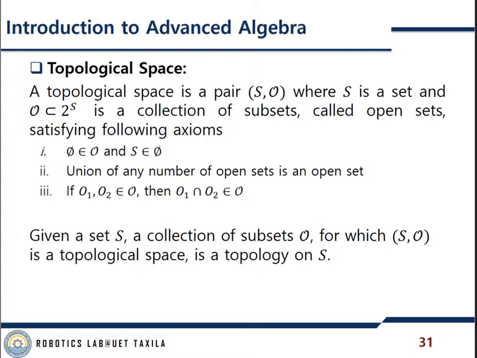First of all, topological space. A topological space is a pair (S, O), where S is a set, any set, and O is a collection of subsets, which as a whole is a subset of 2 raised to the power S. So O is a collection of subsets, chosen from all the possible subsets of the set S, and its members are called open sets, satisfying the following axioms.